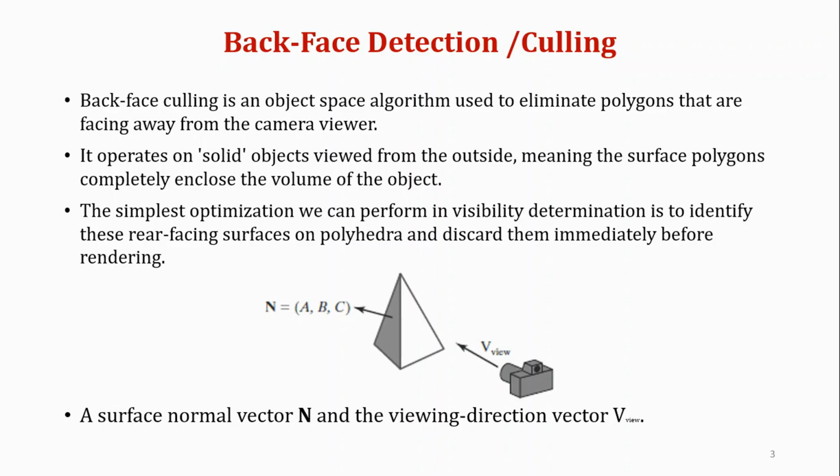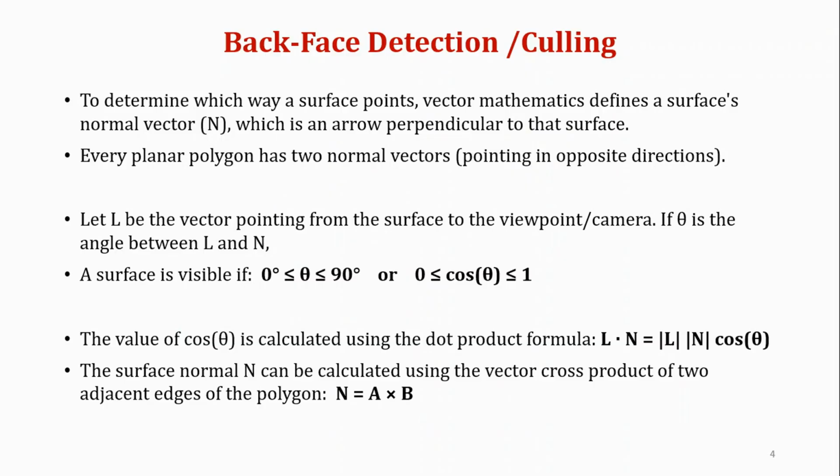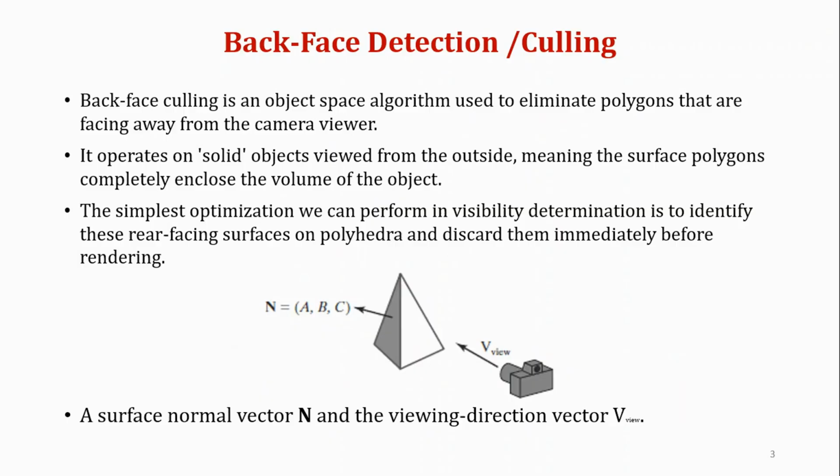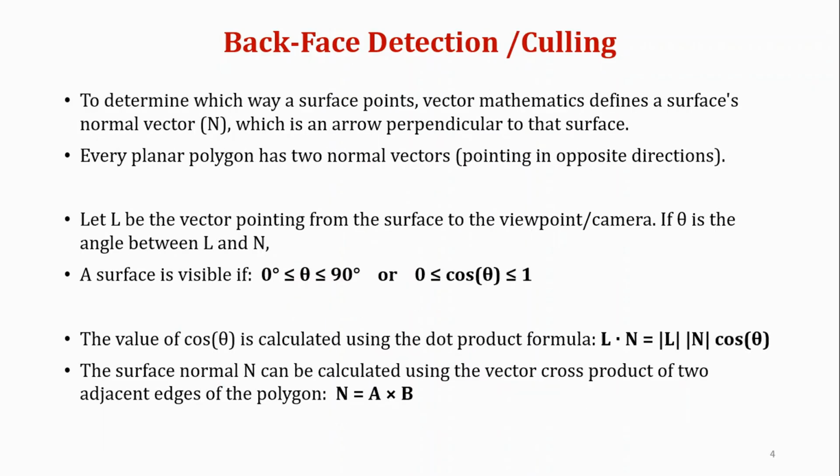Next is capital L, the vector that points from the surface towards the camera viewing point. Let theta represent the angle between the viewing vector and the normal vector.